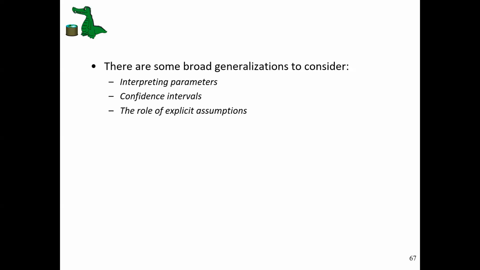So the role of explicit assumptions must be considered by the data scientist. And this assumption is about the data generation process, whether the data that is being generated for the application follows any distributions. So that has to be generalized by the data scientist.